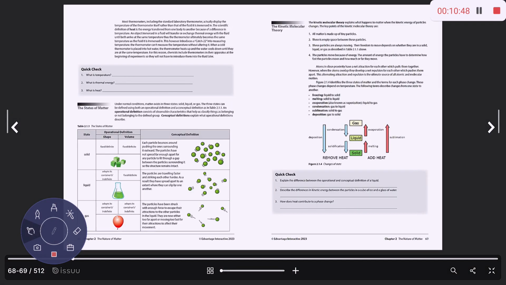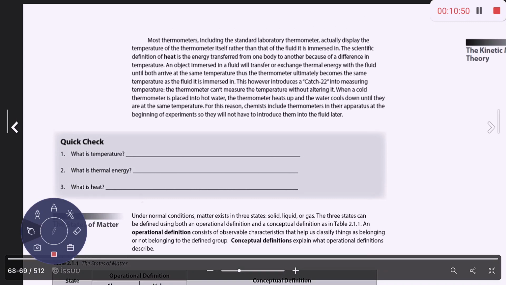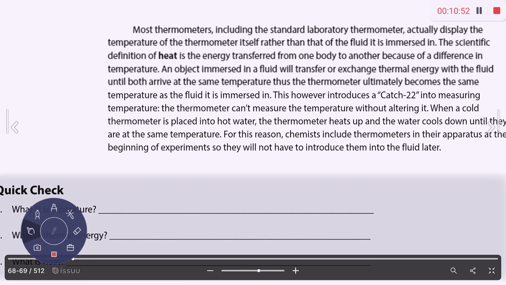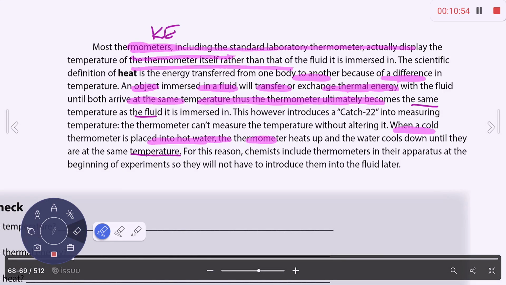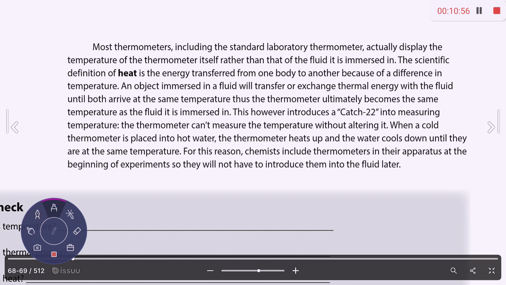We obviously use thermometers to measure the temperature of a sample. Heat is something that moves from a warmer object to a cooler object. So that means this is the energy that is transferred from one thing to another because their temperatures are different.